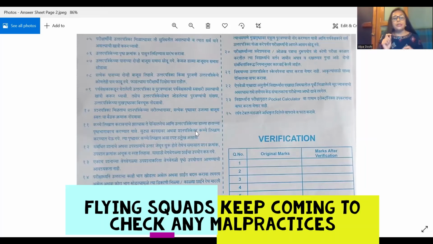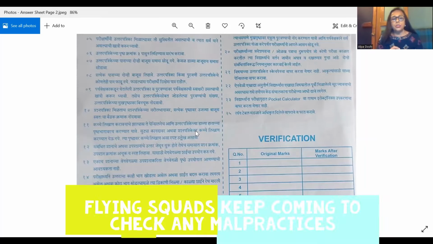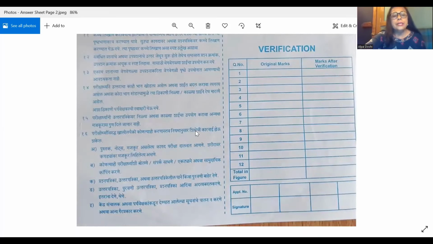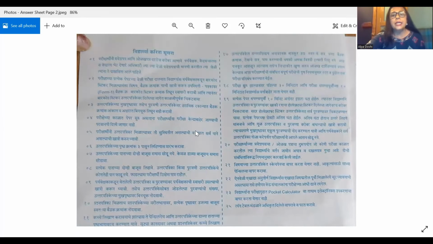Another important point, number 17, which the board has mentioned in that answer sheet, says that you cannot carry or leave any personal identification in your answer paper. For example, you may not write your name, not at all allowed. You cannot draw an Om over there, or write 786 over there.